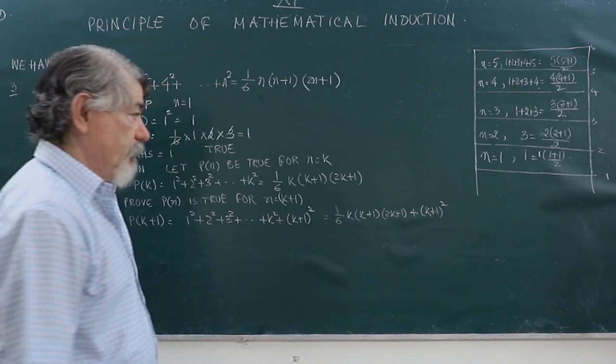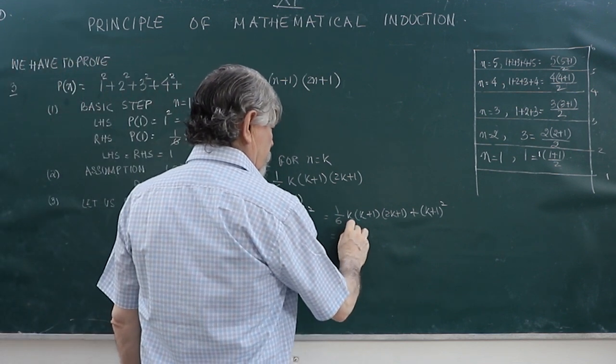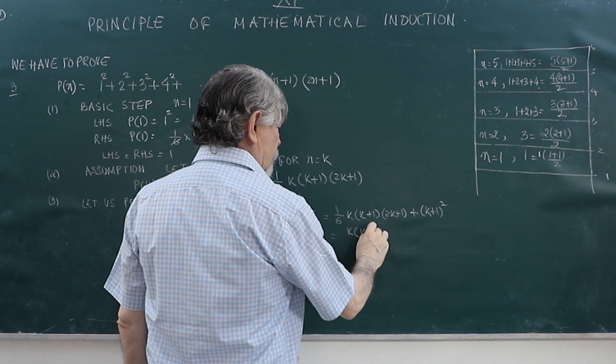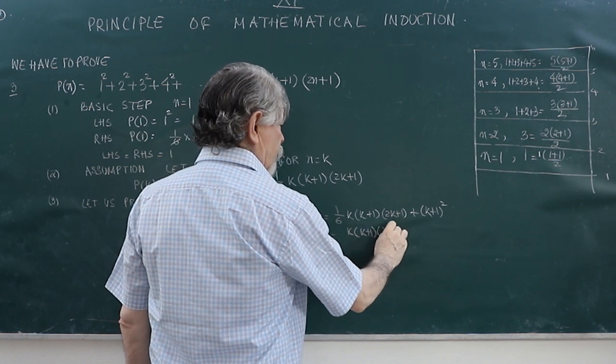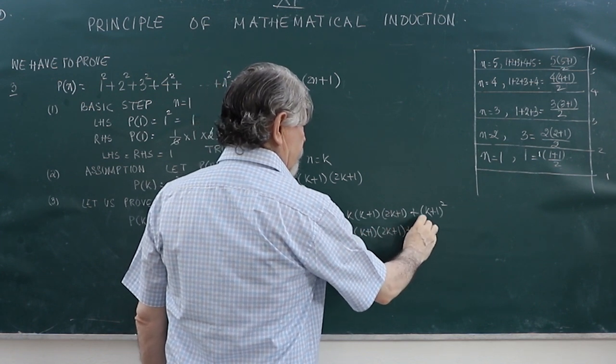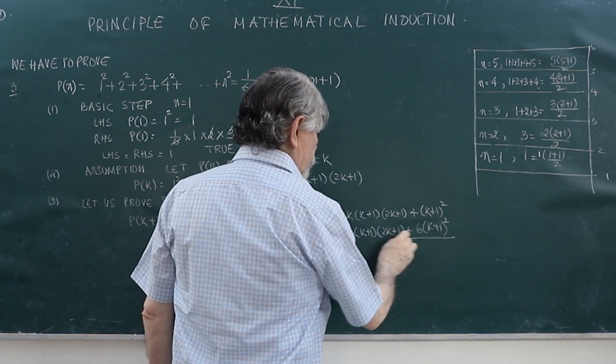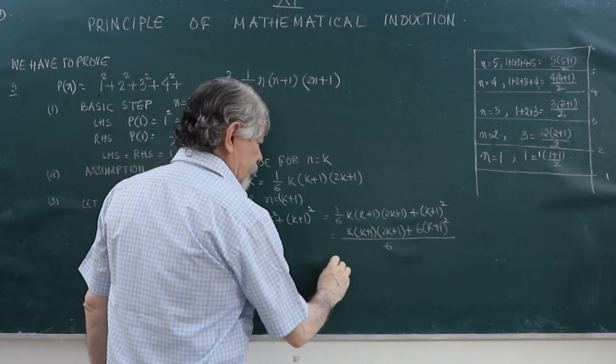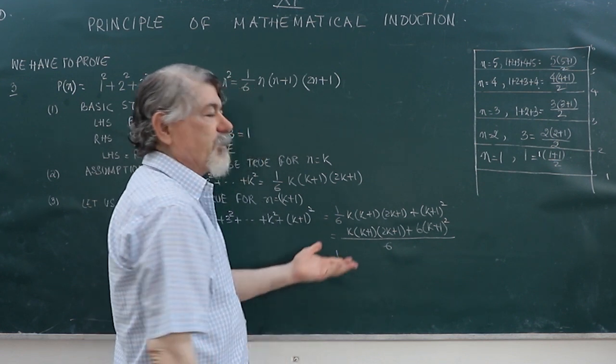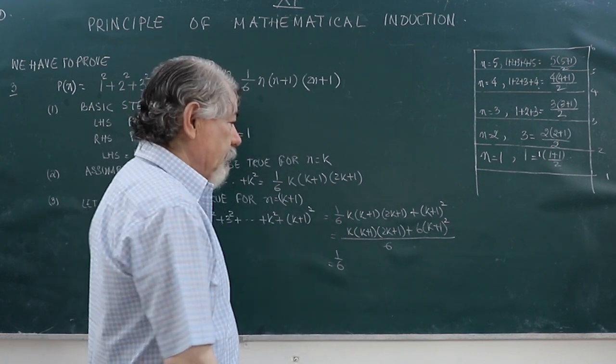Take the LCM. 6 will be the LCM. So k into k plus 1 into 2k plus 1. 6 is the LCM. I am doing it at the beginning, but you can do it yourself. I can take out 1 upon 6 common because 6 is the LCM. It is dividing the complete thing.